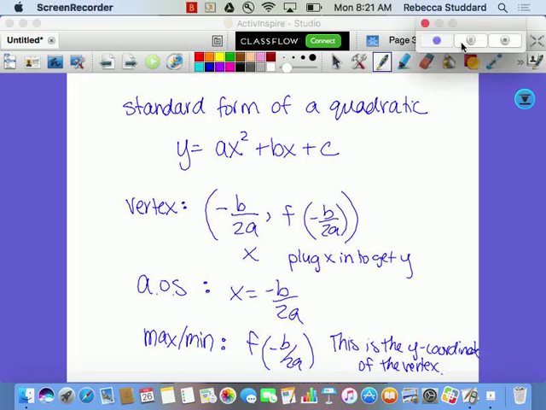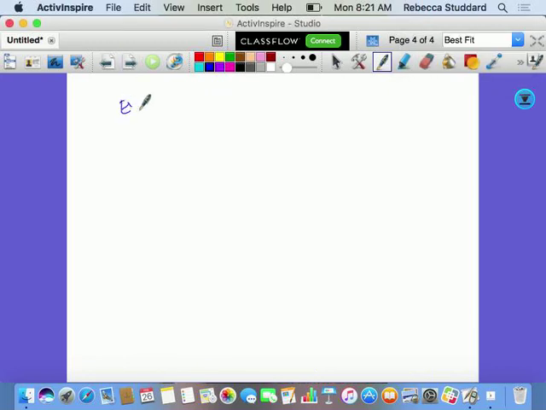All right, so the second equation that we're going to look at, example 2, is written in standard form. We have f of x equals negative x squared plus 14x minus 47.